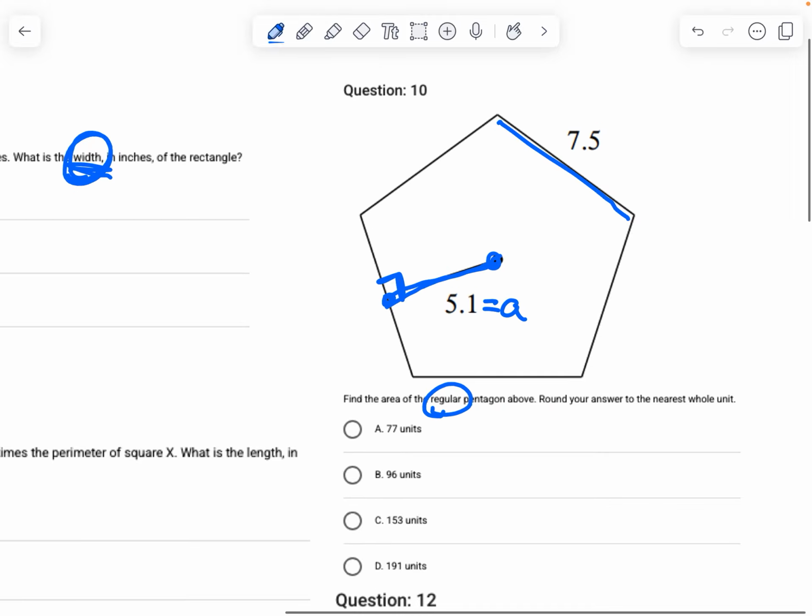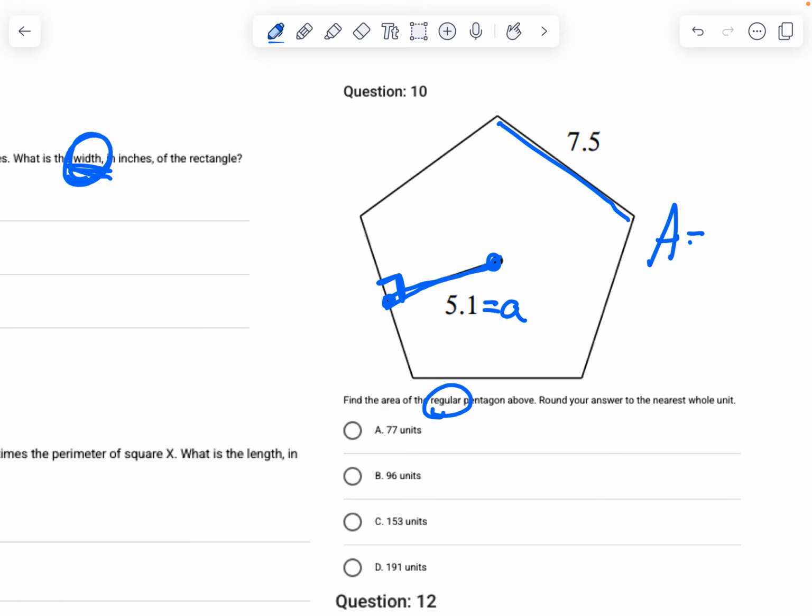Well, remember the formula we use for a regular polygon, any polygon: the apothem times the perimeter of the shape divided by 2. So the apothem, it already tells us, is 5.1, but the perimeter, that's not 7.5. 7.5 is a side length. Well, they are all the same length because it's a regular pentagon.